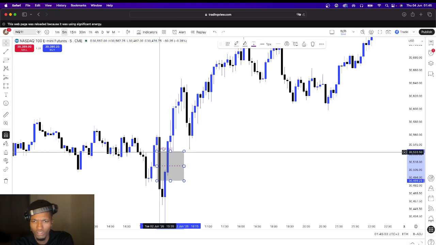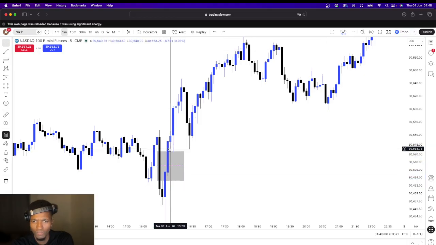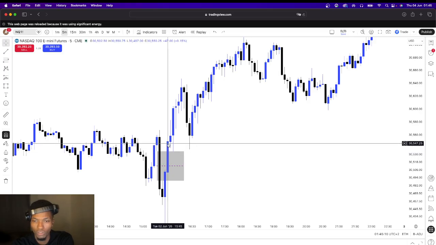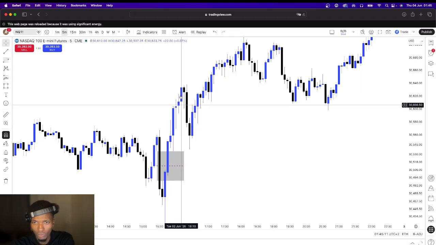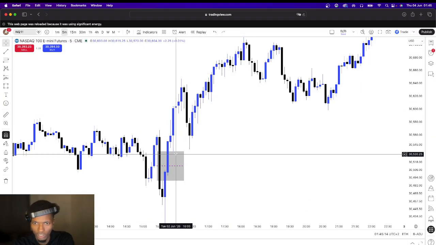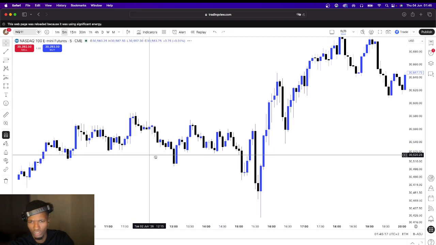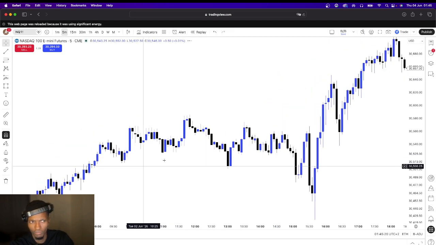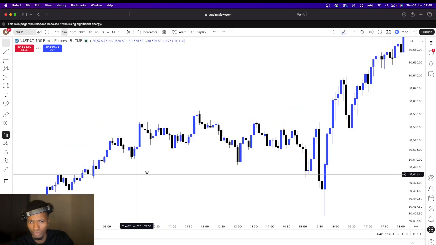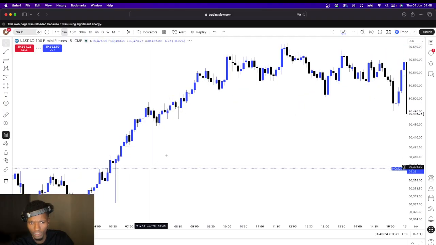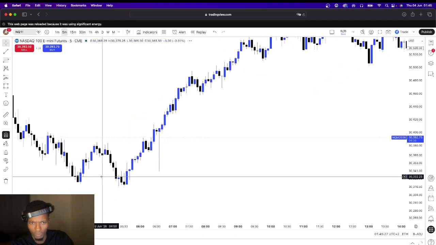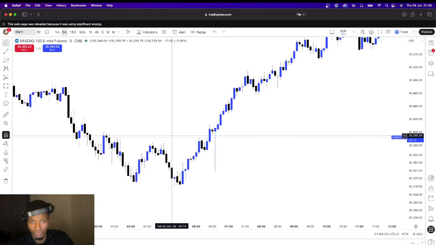Price inverted this fair value gap up here. We closed with a full body above the fair value gap. And then what happened afterwards? Price started rallying and moving upwards. Let's see if we can find perhaps the last example, then I'll explain something else about inverse fair value gaps also.